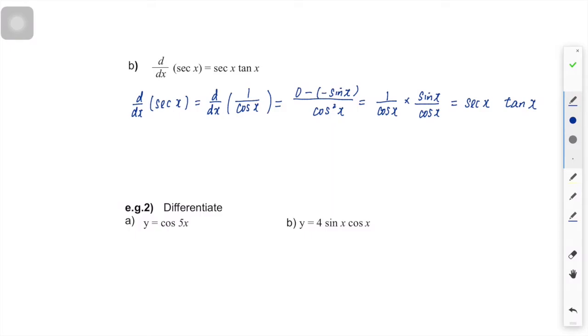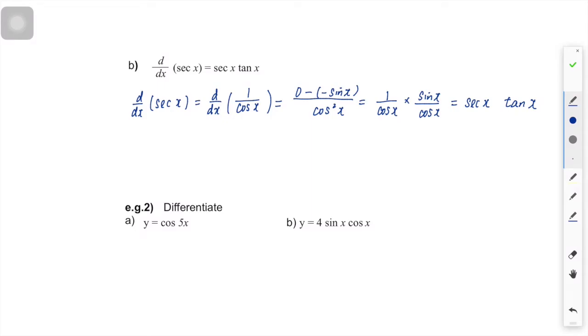In example 2, we will be looking at different derivative questions using trig derivatives. When you do these questions, sometimes it's good to substitute trig identities to make the original question easier to differentiate.